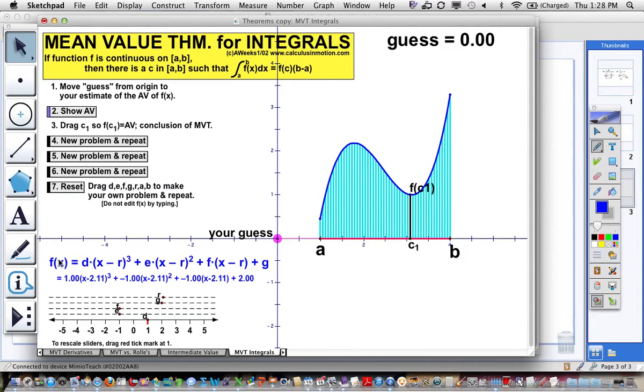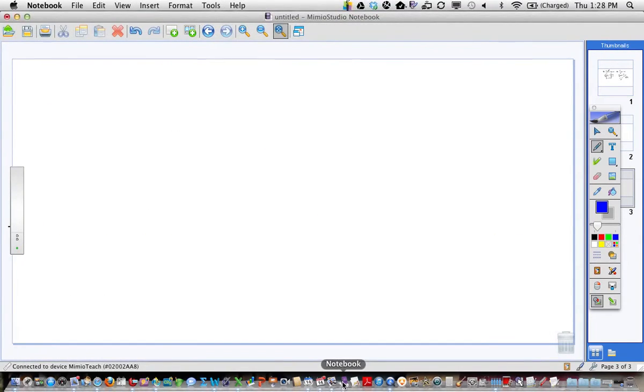Average value of a function. And so we're going to have a formula here that you're going to have to memorize.